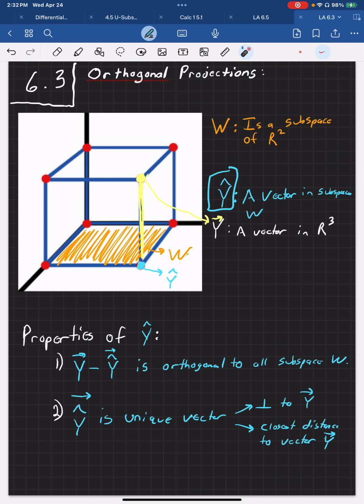But imagine for a second that whatever application you're dealing with, whatever you're trying to optimize, let's imagine that this vector y is the perfect scenario, the optimal.